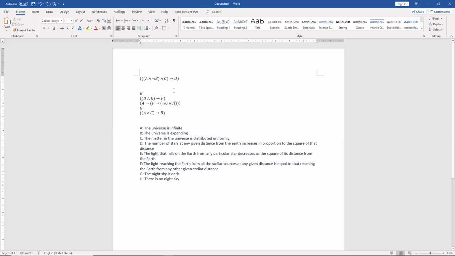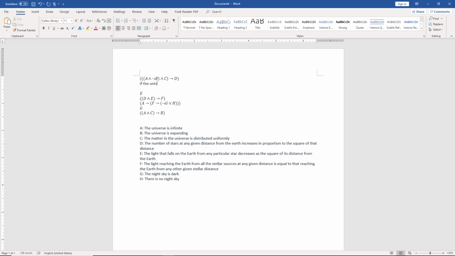So translating this, we have, if the universe is infinite and it's not expanding and the matter in the universe is distributed uniformly, then the number of stars at any given distance from Earth increases in proportion to the square of that distance. That's what this all says in English, so I'll write that out.